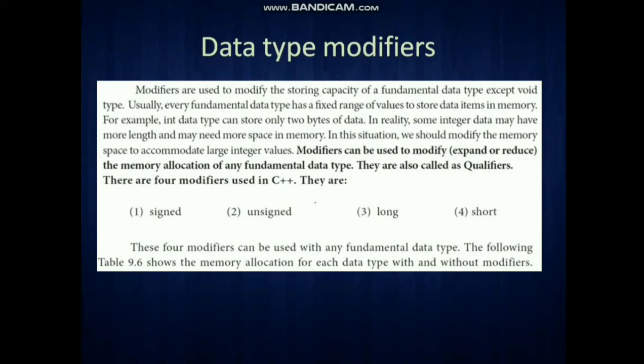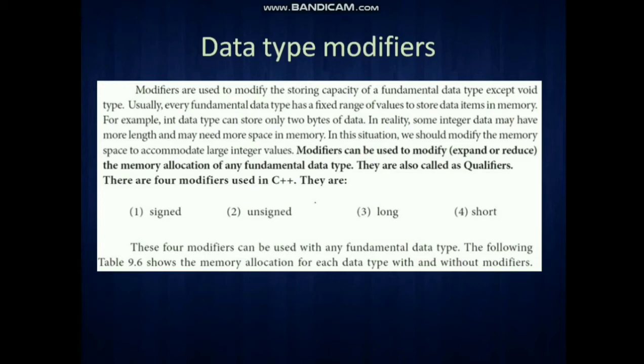If we give only the int data type, it stores only small-sized integer values. So before the integer data type, if we use long int, we can store larger integer values in the particular variable.